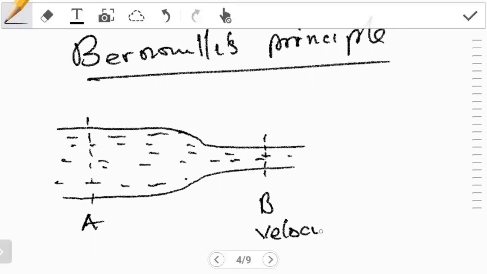So the velocity is going to be high. And then at A, the velocity V is going to be relatively low.